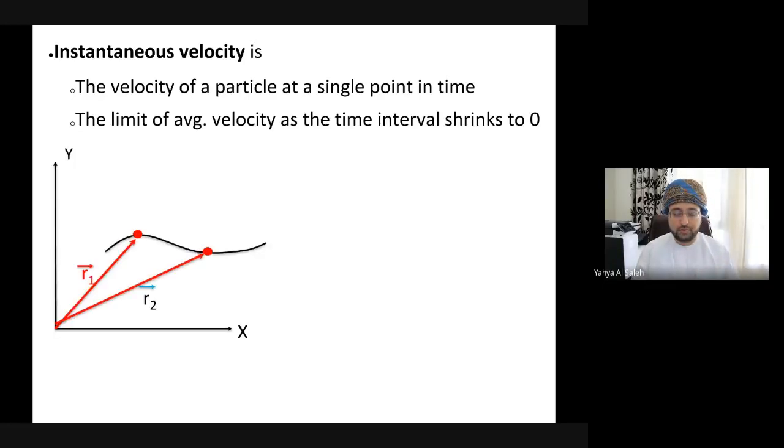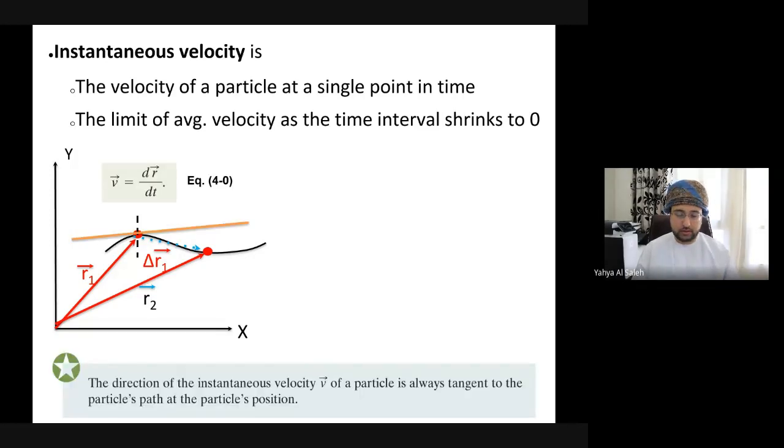So if we go from position R1 to position R2, if I want to find my velocity, it is dr over dt. Differentiation. The direction of the instantaneous velocity of a particle is always tangential to the particle's path.